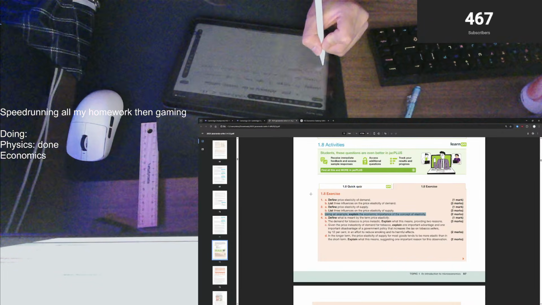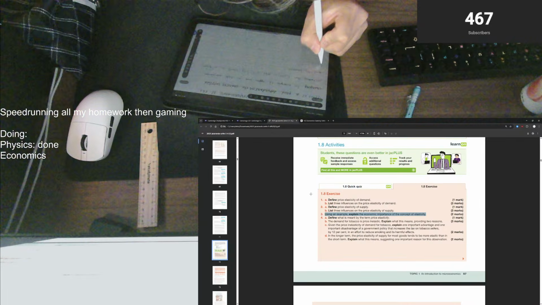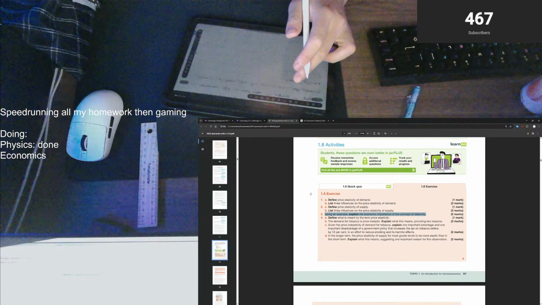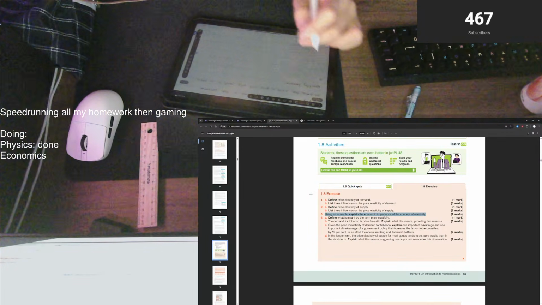Question 4, all parts. Define what is meant by the term price elasticity.